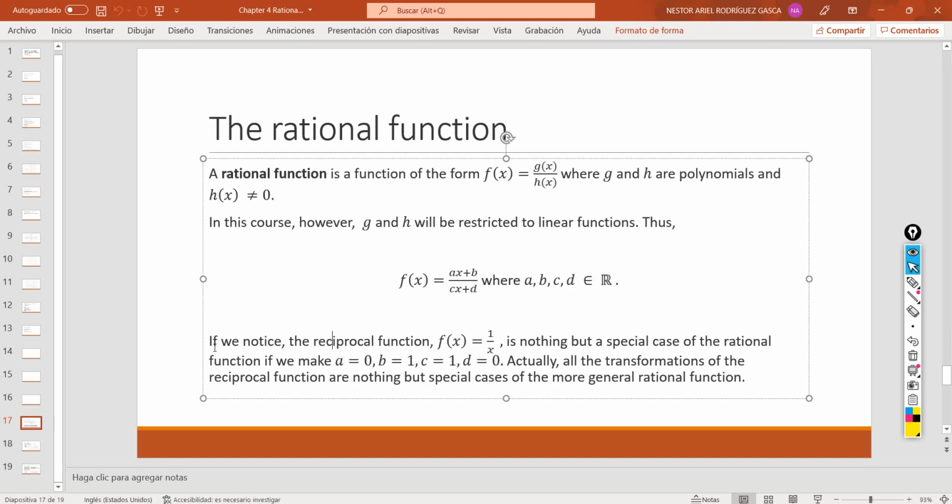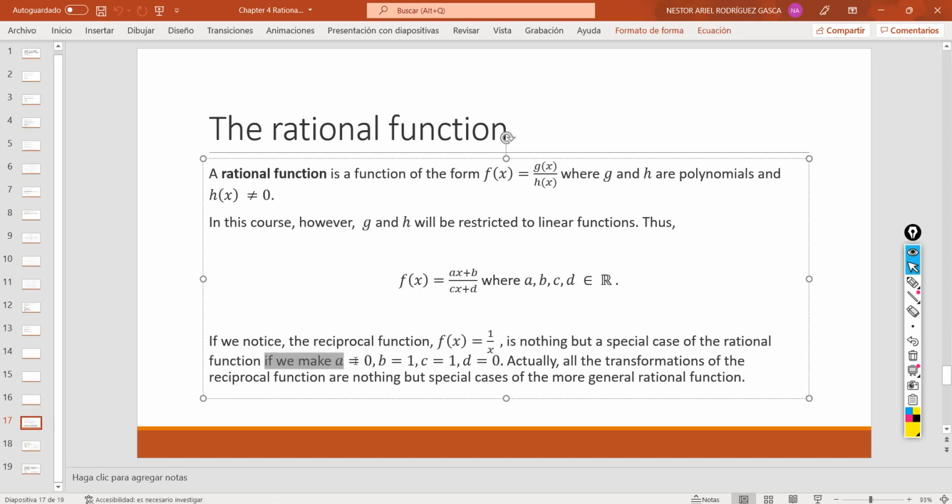That's it. If we notice the reciprocal function, which is this one, the one that we have been studying in the previous weeks. This is the reciprocal function, right? And we have been studying as well some of its transformations. Well, this function, guys, is nothing but a special case of the rational function, like I said before.